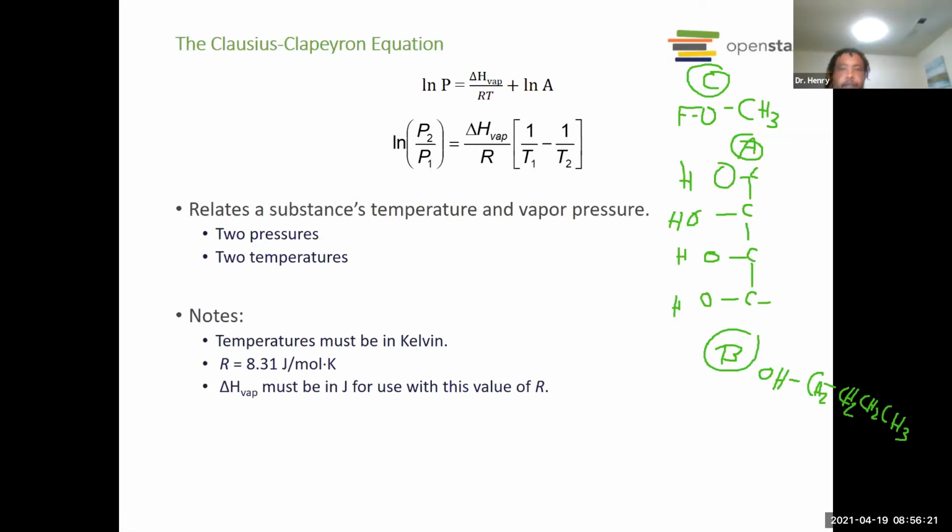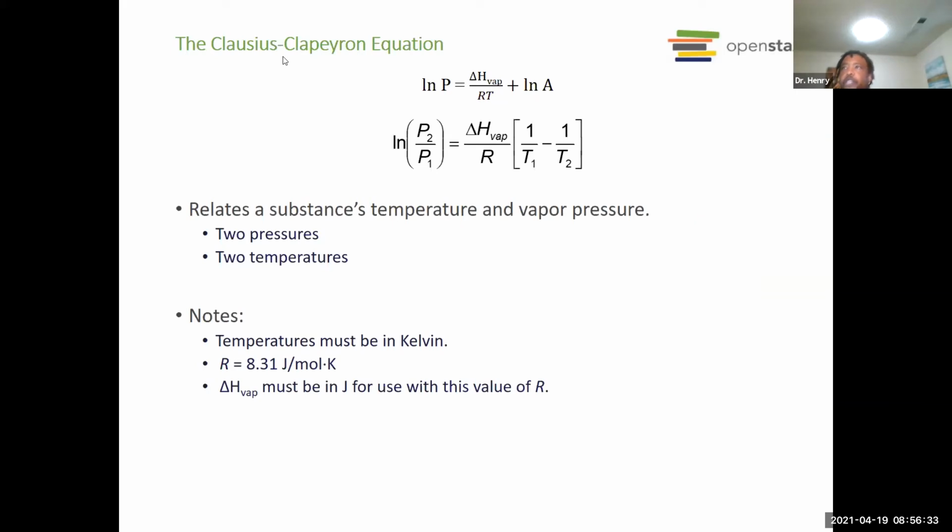So this is basically the Clausius-Clapeyron equation. It correlates the pressure to the heat of vaporization and the temperature that you're at, right?